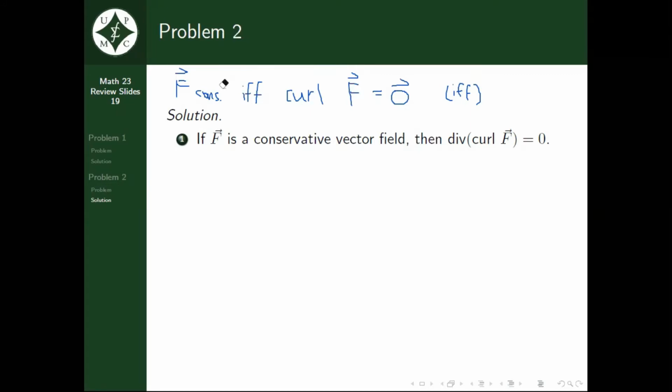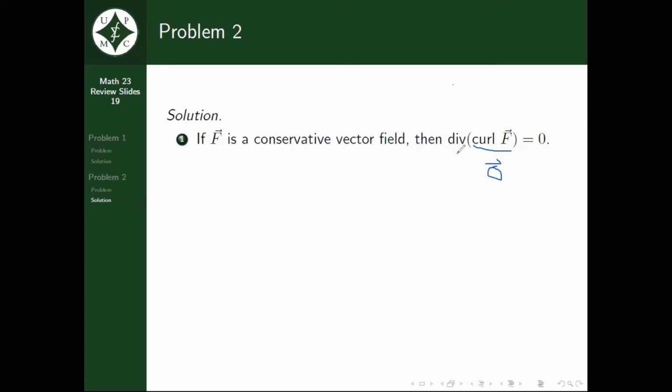Now going back, F is a conservative vector field. Then this is the zero vector. And the zero vector is a vector field whose components are all zero. Meaning, its entries are all just zero.